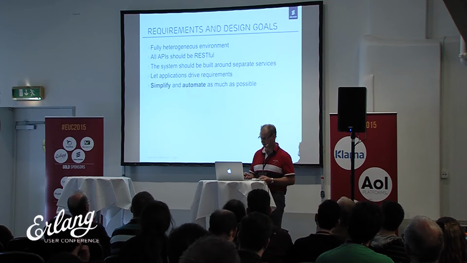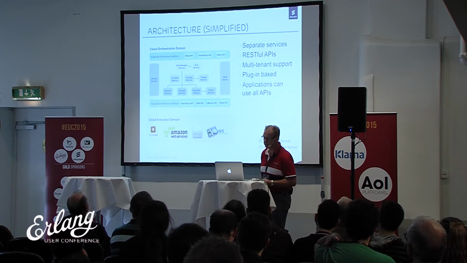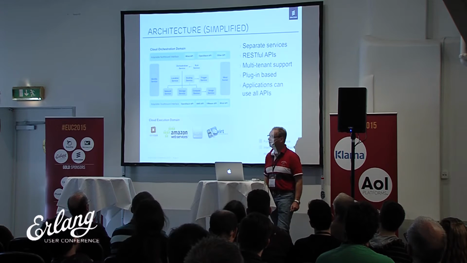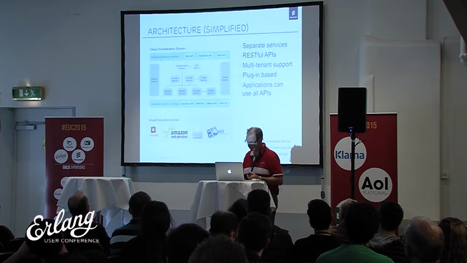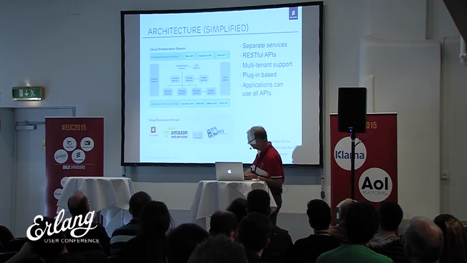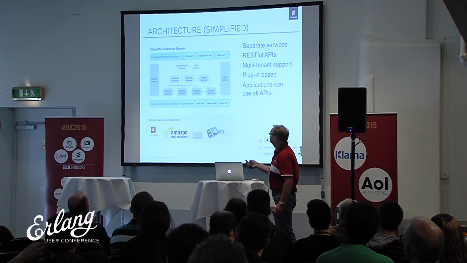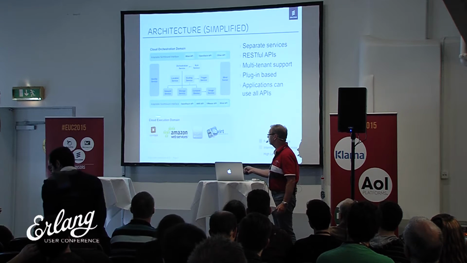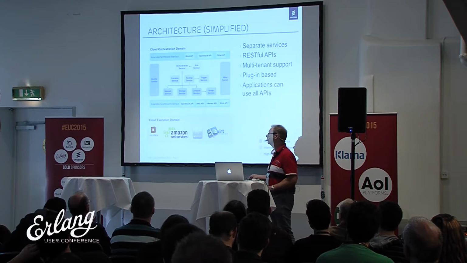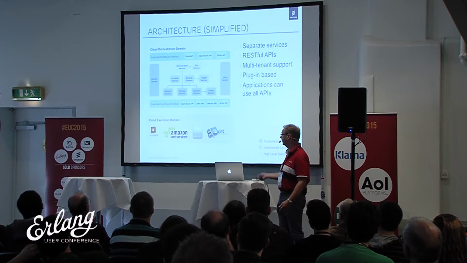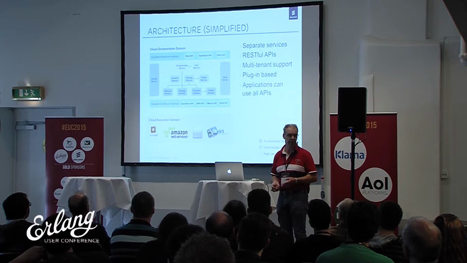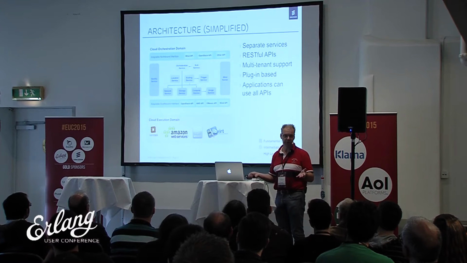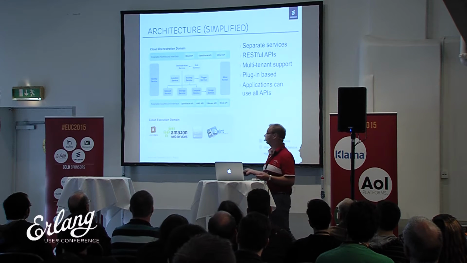So we came up with an architecture for this. This is slightly simplified, but you can see here that we have the cloud orchestration domain, and that sits on top of a cloud execution domain. In the execution domain, we can have different things, as I said: OpenStack, Amazon Web Services, VMware, directly talking to libvirt, whatever we find in the future. We should be able to support that.